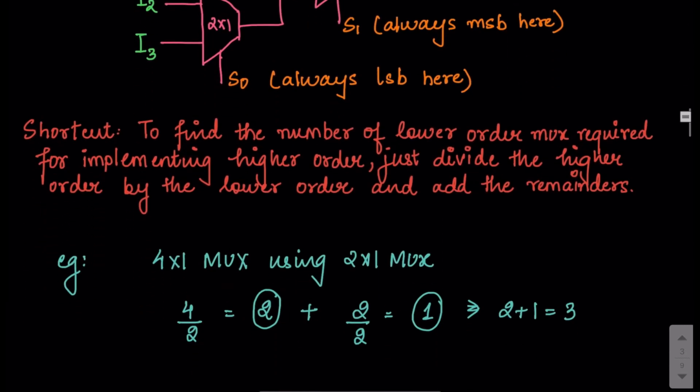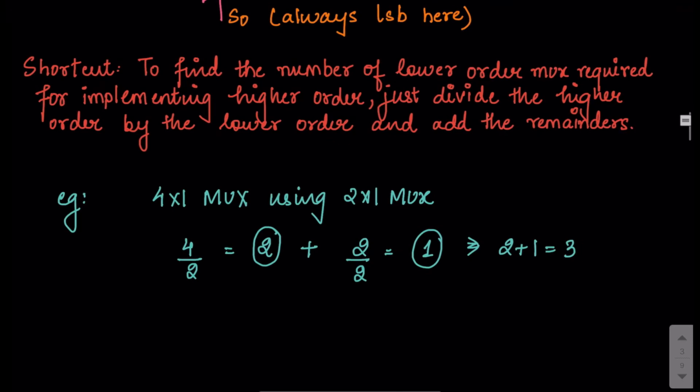Now coming to the trick or the shortcut: how we can find out the minimum number of lower order mux to implement any higher order mux. For this, you just need to divide the higher order number with the lower order number and add the results. Let us see through an example. For example, the same question: we are trying to find the minimum number of 2 cross 1 mux required to implement 4 cross 1.